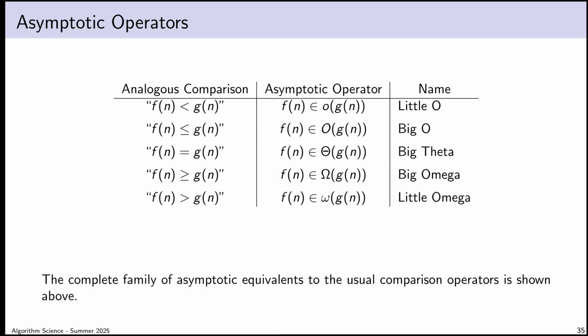So here they are. Here's the complete family. We have the strict inequality less than operator. It looks asymptotically like this. We call this little o. And then we've got the less than or equal to operator, which is this one, which we call big O. And I will admit that I am sort of annoyed by many other sources, in fact, pretty much every book on algorithms that I've ever seen, which likes to call big O this.